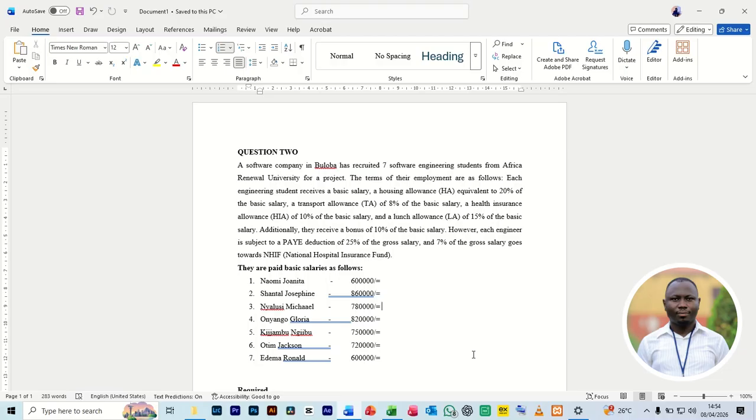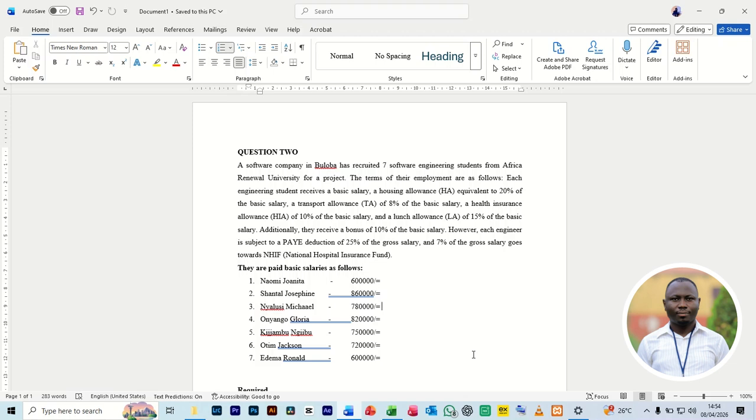You're presented with a question whereby it says a software company in Buloba has recruited 7 software engineering students from African University for a project. The terms of their employments are as follows.